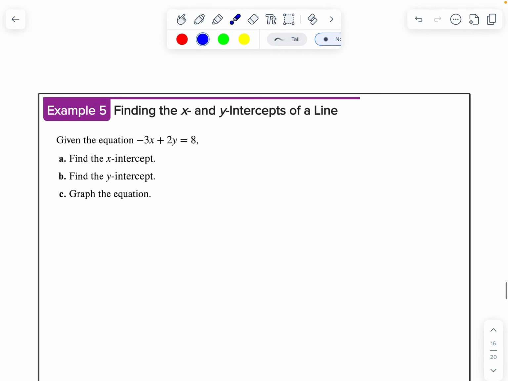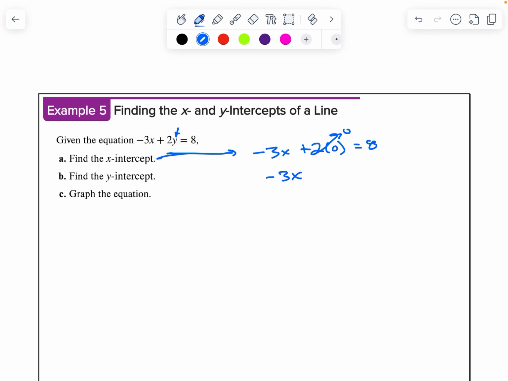Let's try that out. For this equation here, if we want to find the x-intercept, we're going to set y to 0. So I just put a 0 in for that variable there. 2 times 0 is 0. Divide by the -3. And I get x equals -8 over 3.